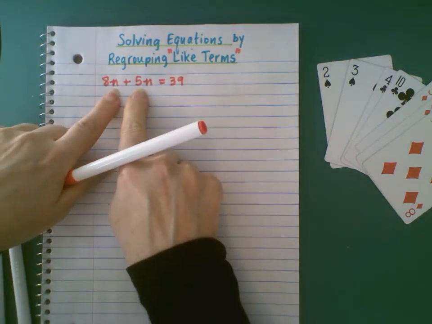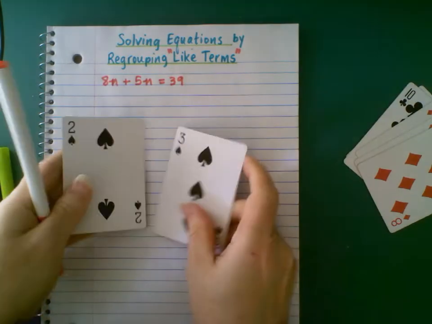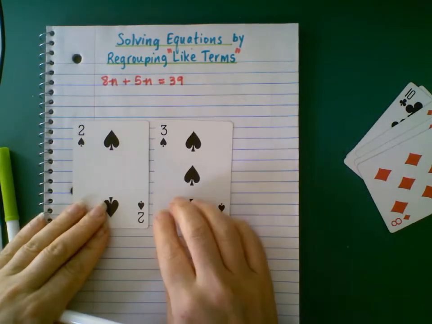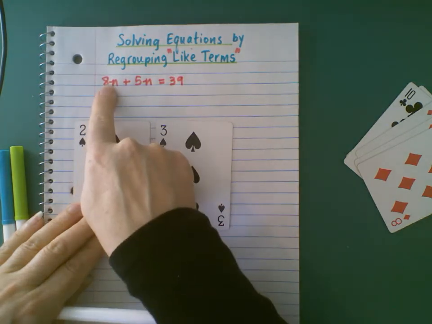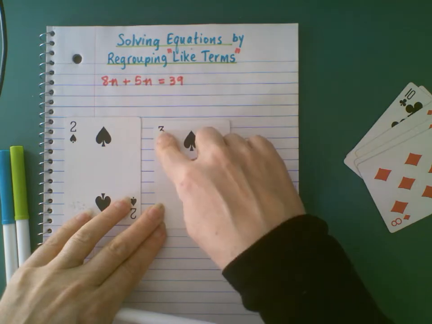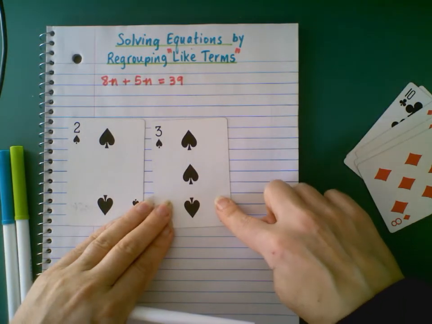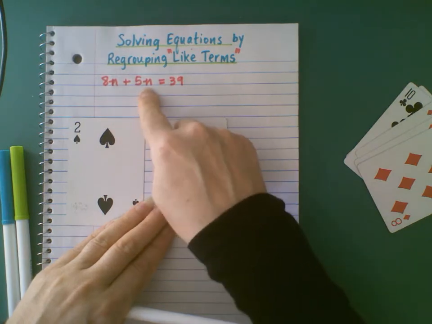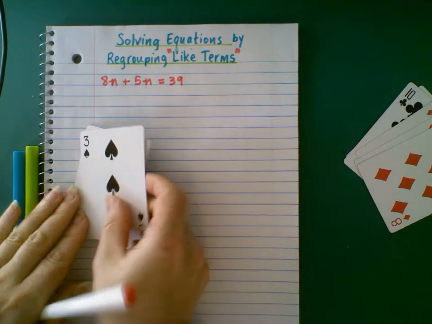So this 8n and this 5n are kind of like 2 cards of the same suit. One of them, the coefficient or the value, is 8 in this case, and this one's a 5. The spade, or the character, is the n that they have in common, which makes them of the same suit. It makes them like terms.